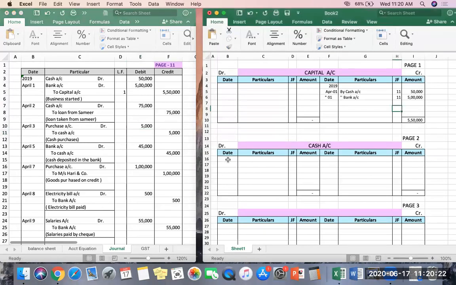Same thing, you will write the date now, 2019, April 1st, and for the entry name, in particulars you are not going to write the same thing, cash, again. If cash is here and it is written on the debit side, that means cash is coming in. But how is the cash coming into the business?